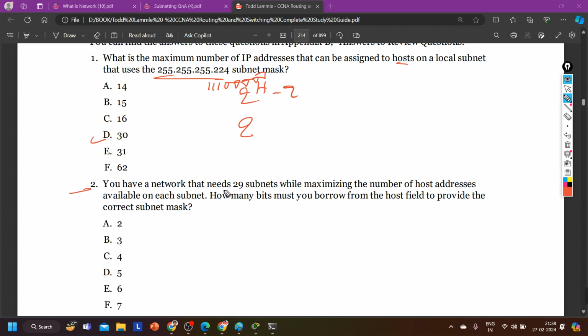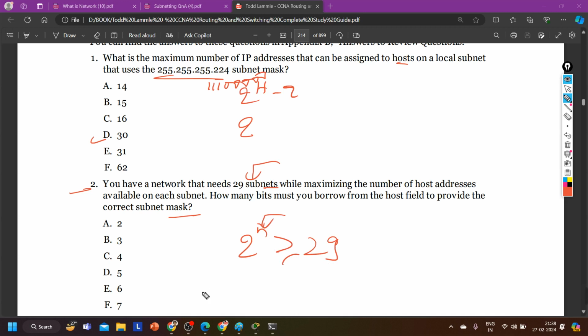This question, guys: you have a network that needs 29 subnets while maximizing the number of host addresses available on each subnet. How many bits must you borrow from the host field to provide the correct subnet mask? You need 29 subnets. The formula to find subnets is 2 to the power n, which should be greater than or equal to 29.